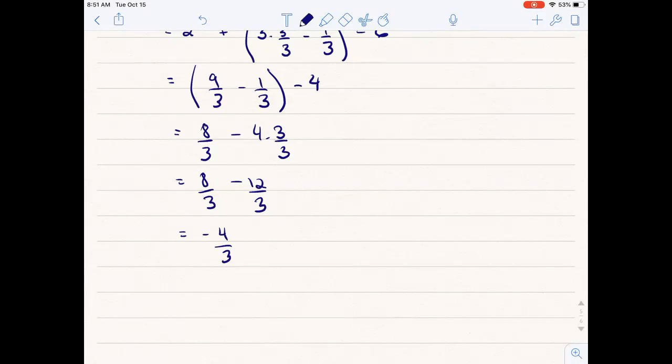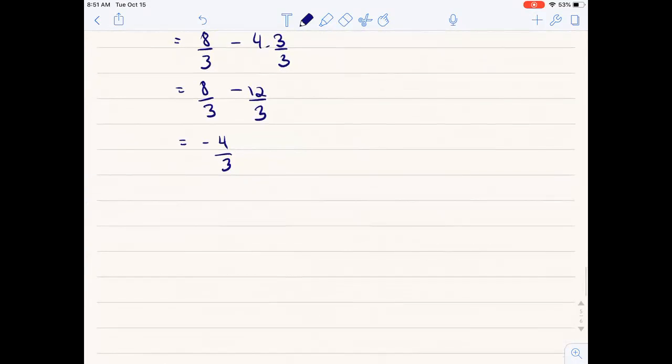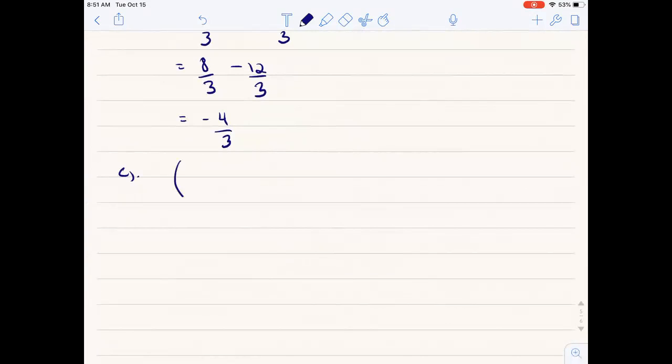Ready to kick it up a notch? Let's do it. F plus H over S of 3. Again, I would treat the F plus H as one function until I can expand it, right?